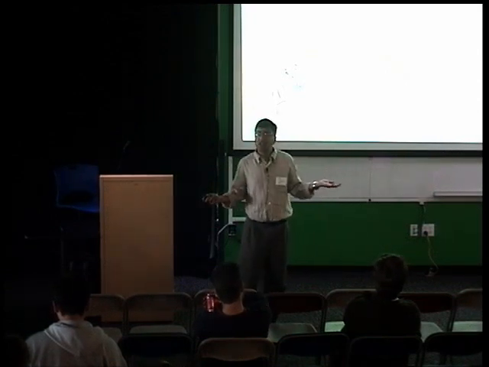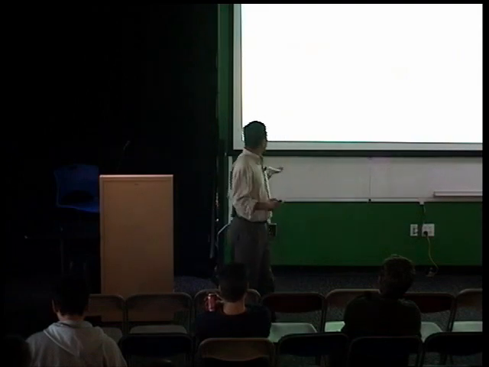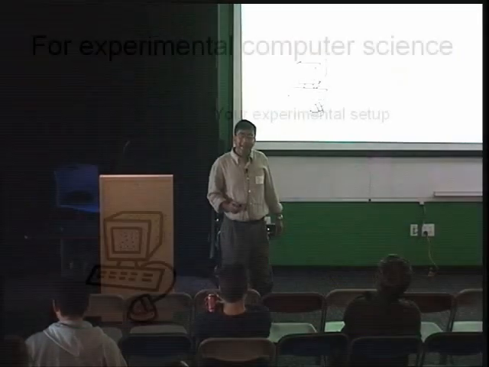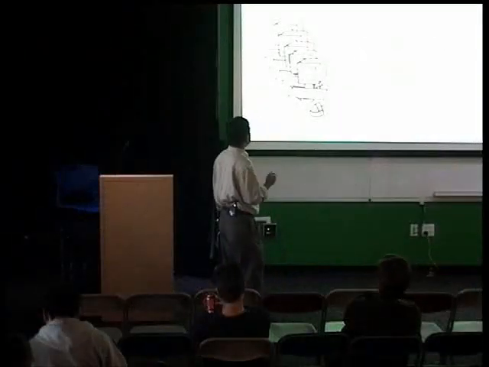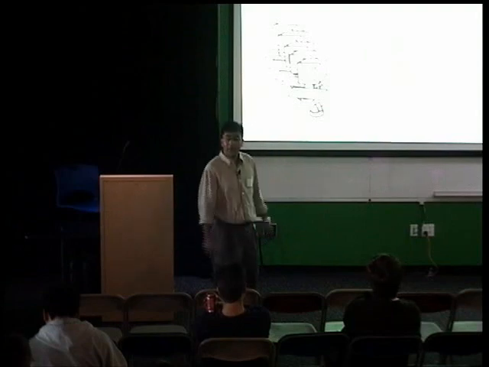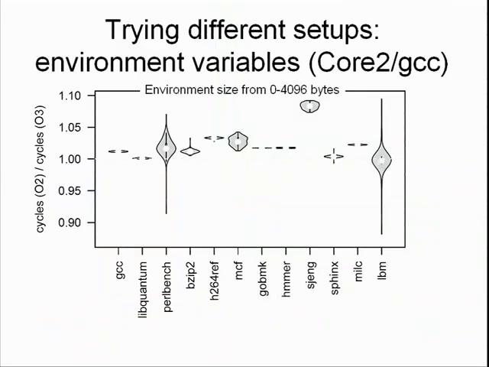And in the context of a computer system, your experimental setup on which you do your experiments may not represent the whole population of experimental setups. And so, if you do your experiments in one or a few setups, you might end up with results that are heavily biased towards your setup. And this particular phenomenon is called measurement bias.